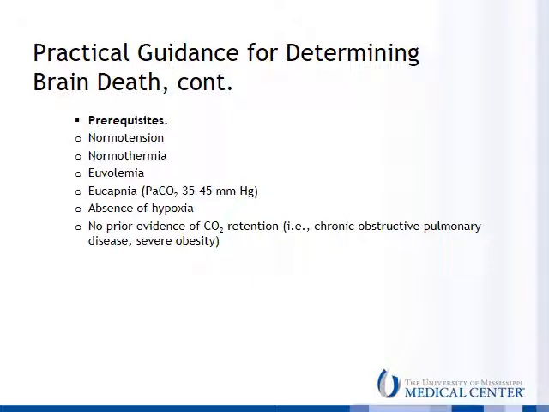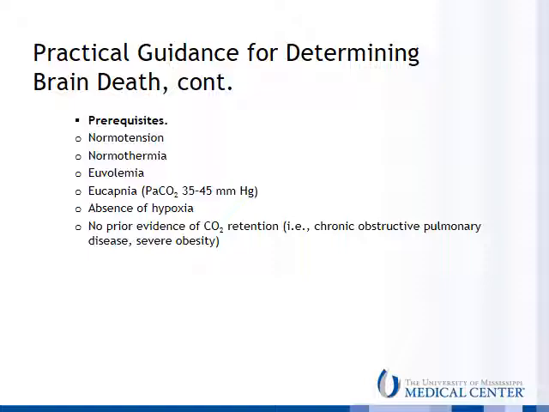So, just to clarify, a person needs to be normotensive, they need to have normothermia, be euvolemic, eucapnic, so their CO2 needs to be in that 35 to 45 millimeters of mercury range, not be hypoxic, and have no evidence of CO2 retention, COPD, or severe obesity when determining these things.